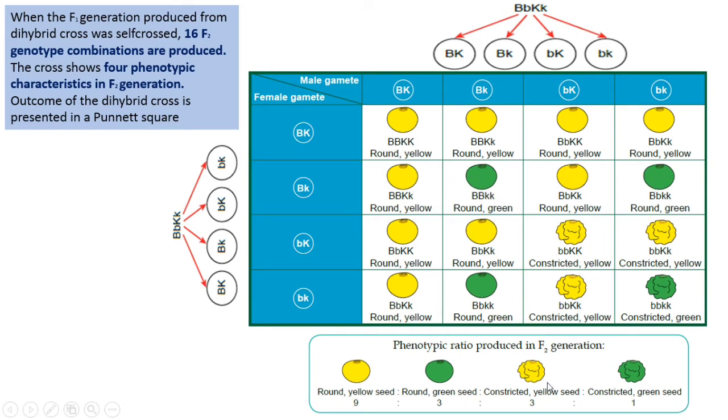And constricted yellow seed is here: 1, 2, 3. And the last one is the recessive, constricted and green. So the ratio produced in the dihybrid inheritance in the F2 generation is 9:3:3:1.